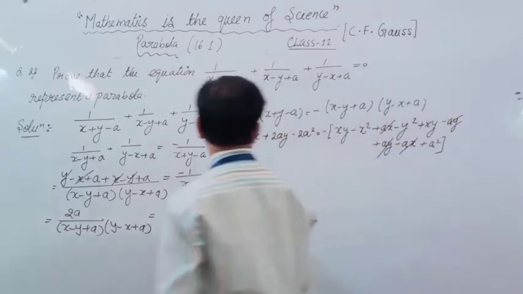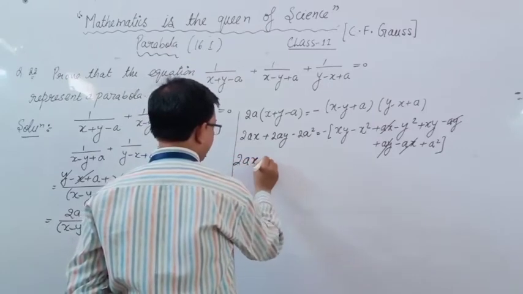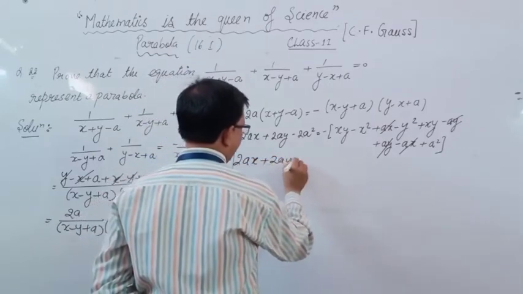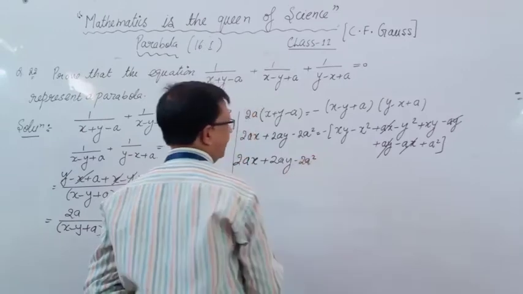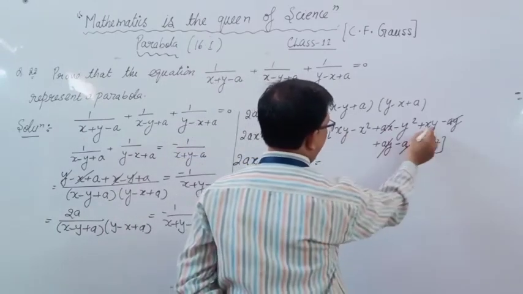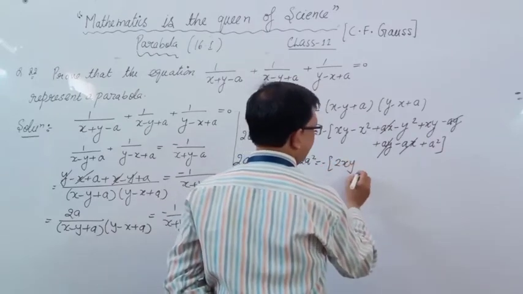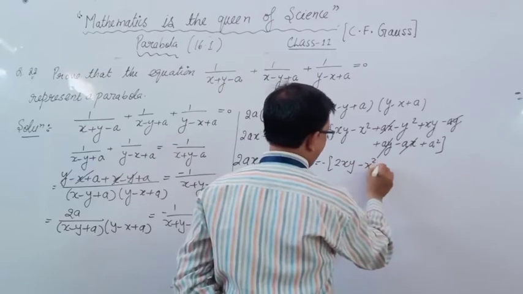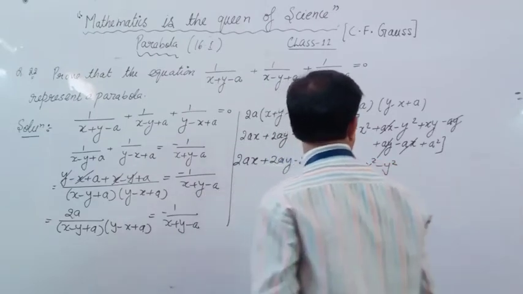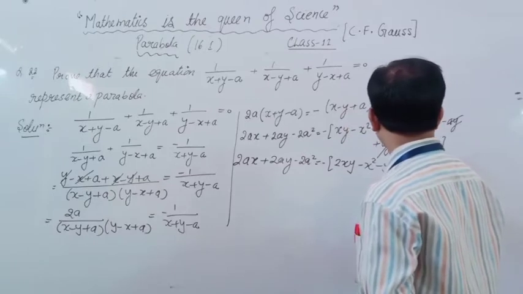Now here we write 2ax plus 2ay minus 2a square is equal to, xy becomes 2xy, minus x square minus y square plus a square.